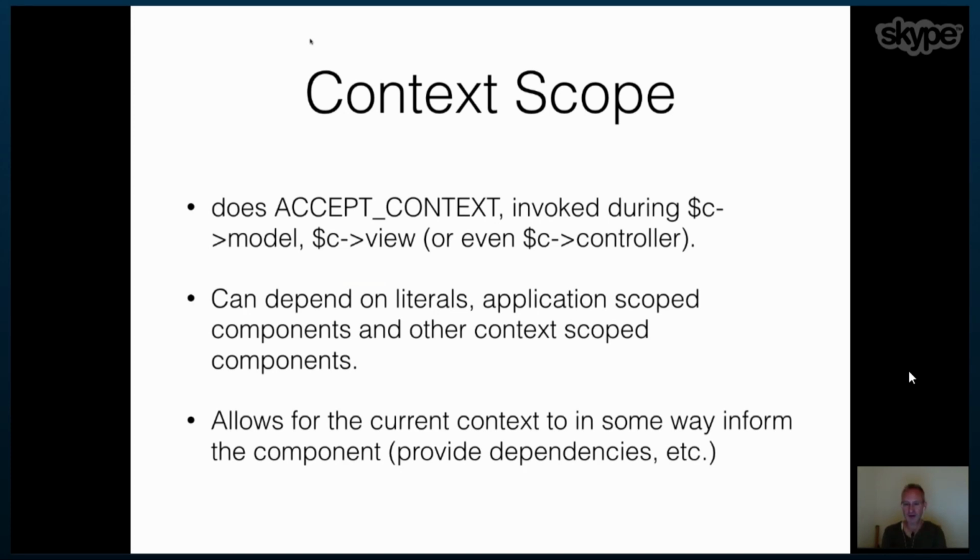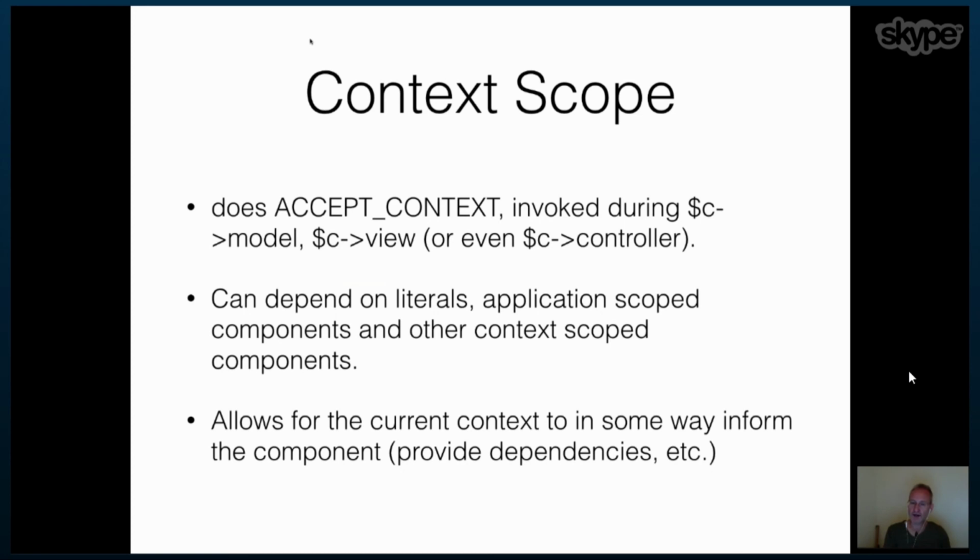One of the more common questions I get, on IRC or from people asking me, is if I have a model and I want to have the context in the model. I always say, and people say, well, it's a bad practice to send your context to your model. But what you could do is create a context scoped model that has access to the context and then provides to your model the context information that is necessary for your model to function.